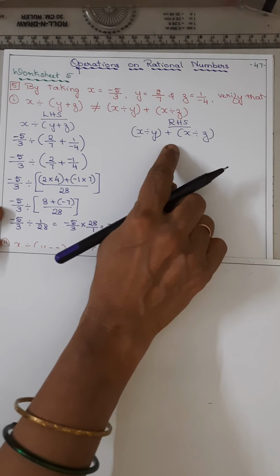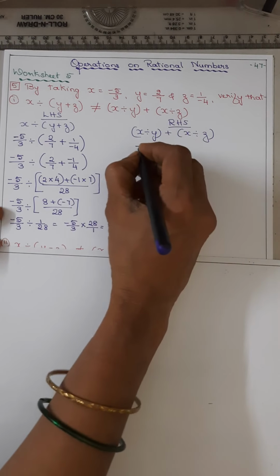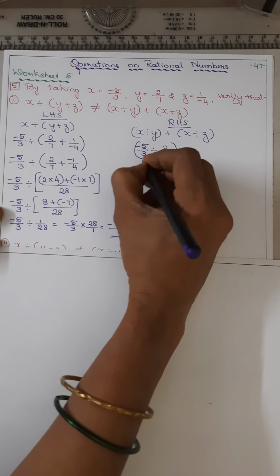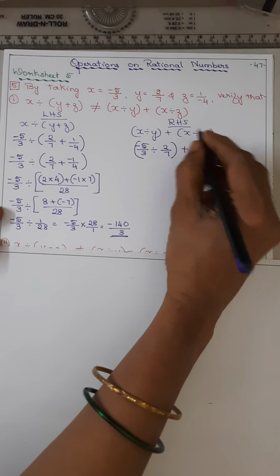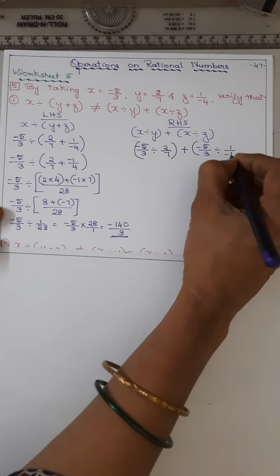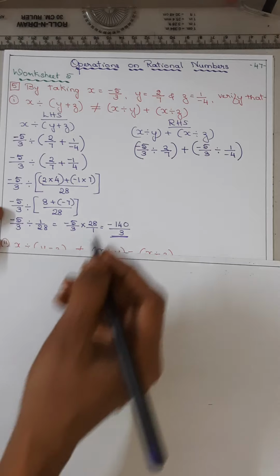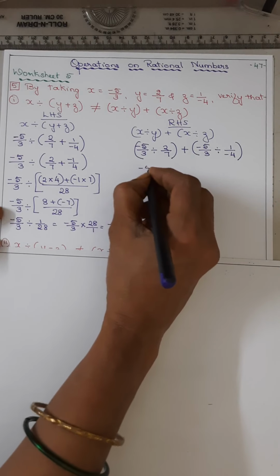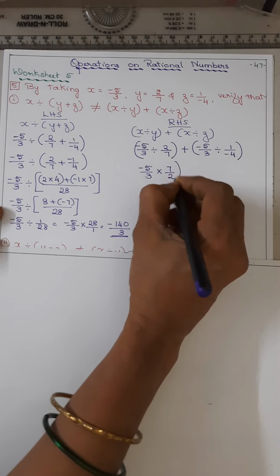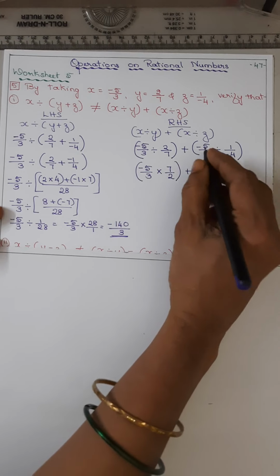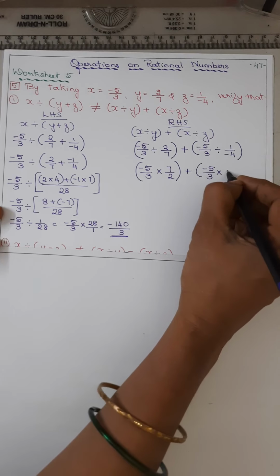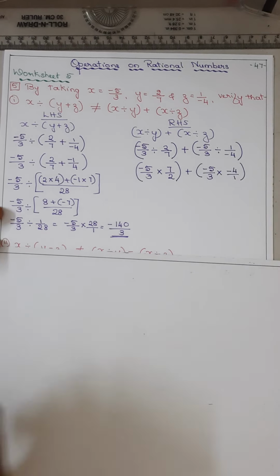Now the right side one, RHS, x is how much? -5/3 divided by 2/7. Then here plus, and x is -5/3 divided by 1/-4. Now first the bracket, so -5/3, division becomes multiplication, 7/2 reciprocal, plus it is -5/3 as it is multiplied by -4/1, isn't it?